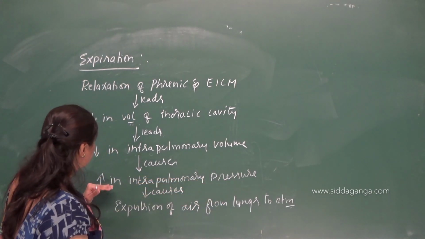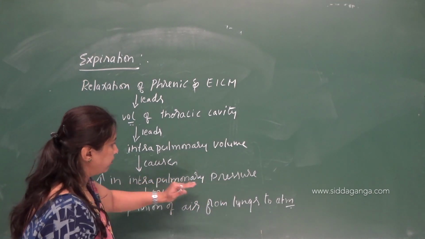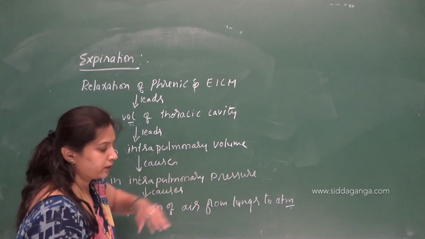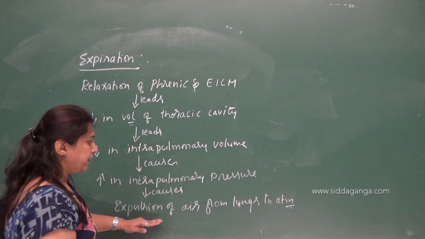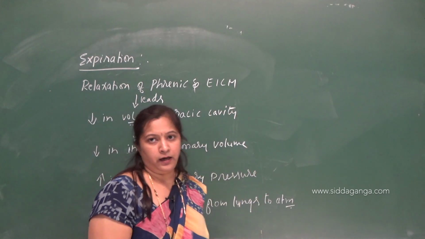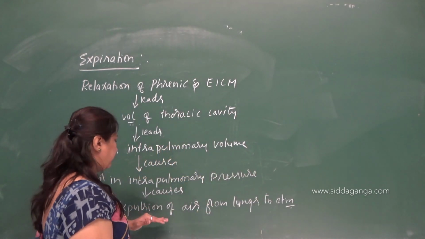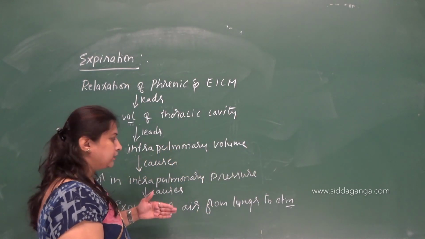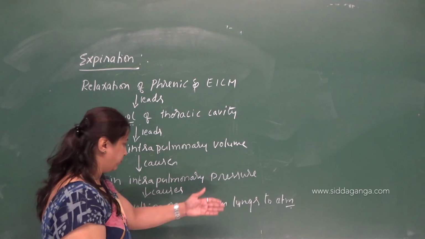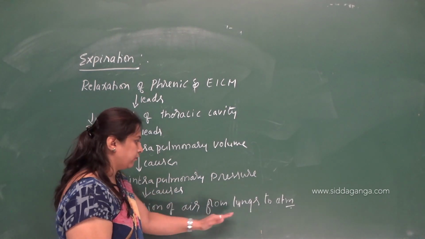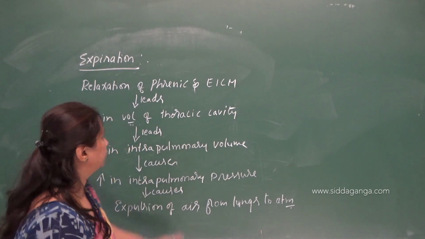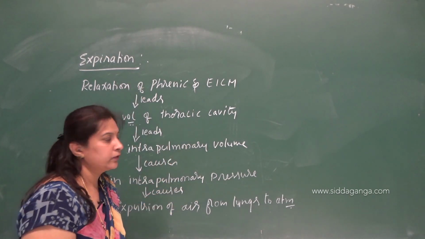So this causes an increase in the intrapulmonary pressure above the atmospheric pressure, so that the air is expelled out of the lungs to the atmosphere. So this is what expiration is. Understood?